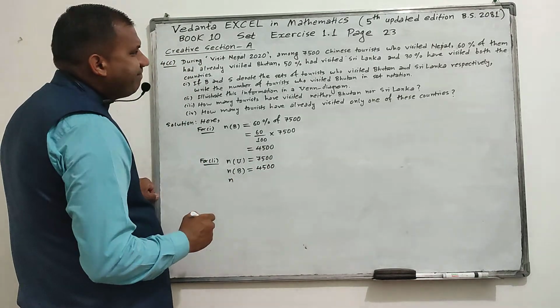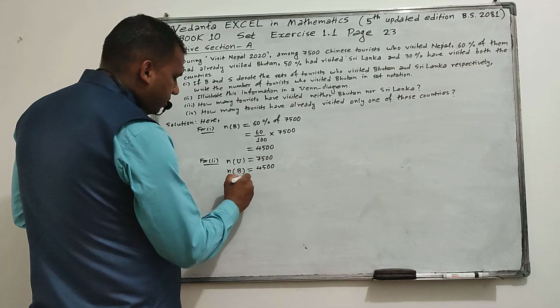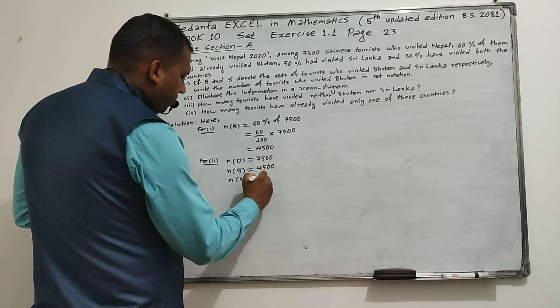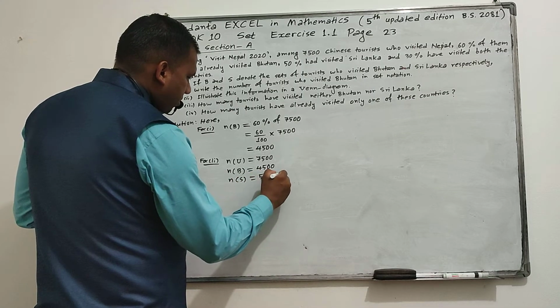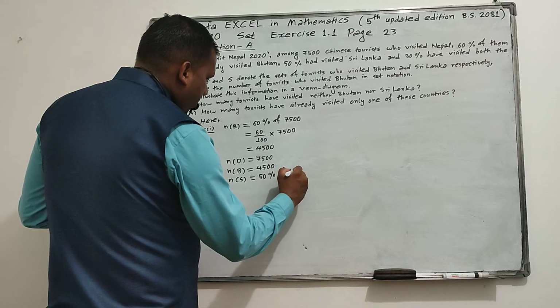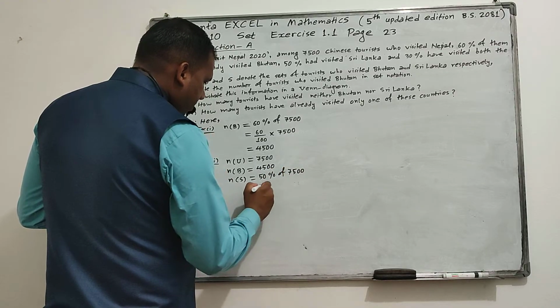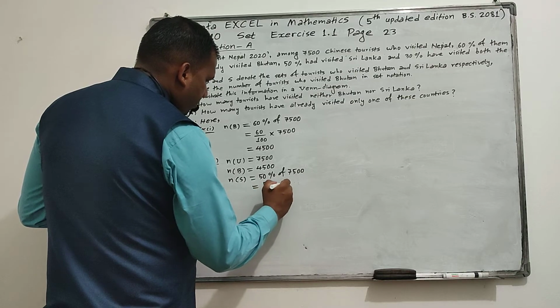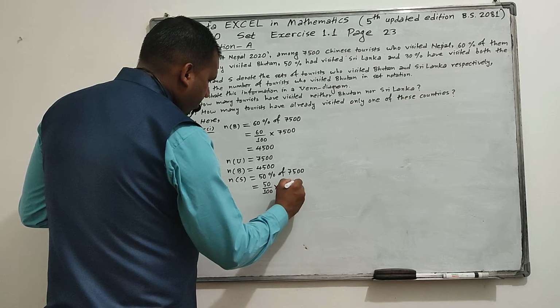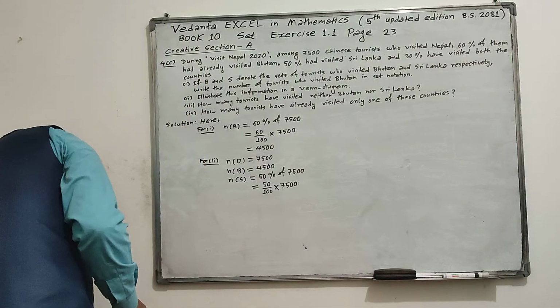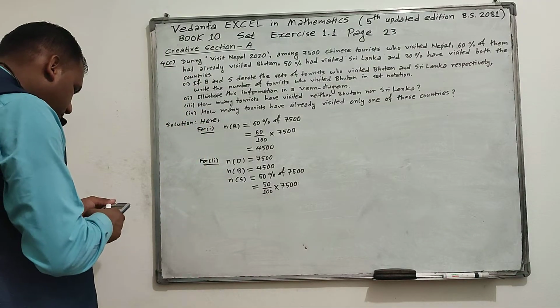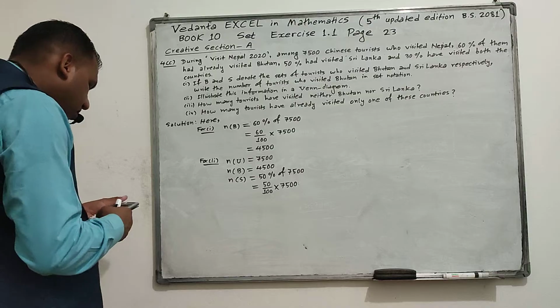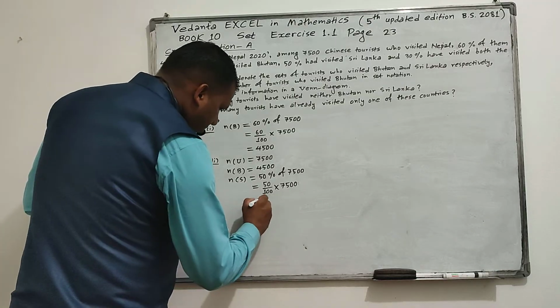Number of S is 50% of 7,500, that is 50 by 100 times 7,500, which is equal to 3,750.